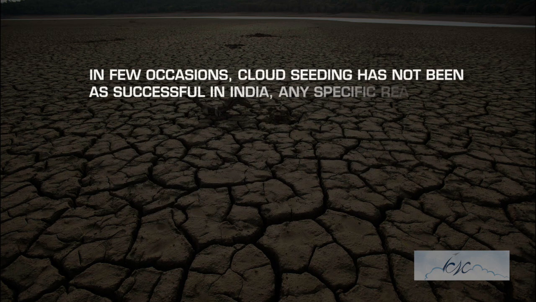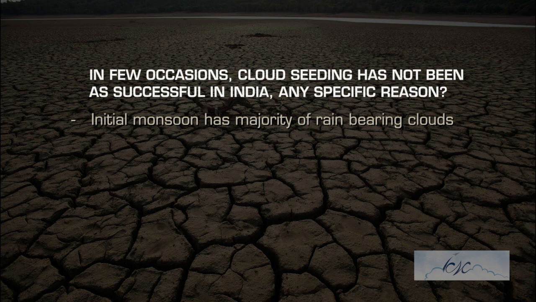On a few occasions, cloud seeding has not been as successful in India. Any specific reasons? Onset of monsoon and the initial monsoon days have the majority of rain-bearing clouds. A delayed start of operations leads to unsuccessful or ineffective missions.